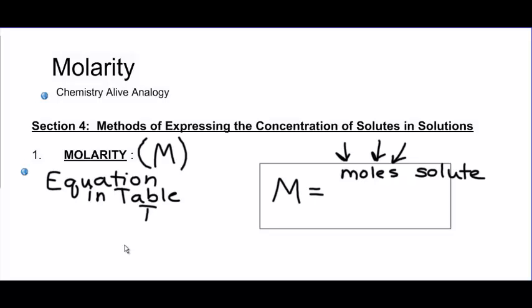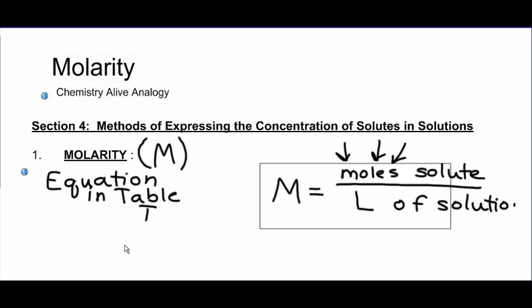You have to be smart enough to go, oh, I can't just plug in grams. I have to convert that to moles first. How do you convert grams to moles? To get to moles, divide by the formula mass, right? So we're going to take what we learned in the last unit and use it also here. It's the moles of solute per liters of solution.